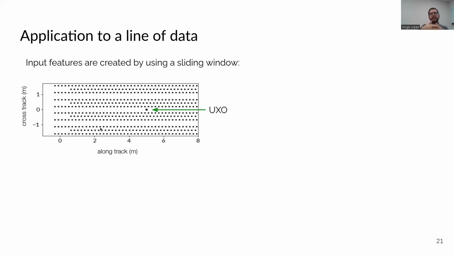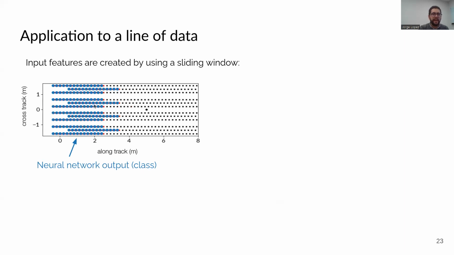And the way we apply our neural network is using a sliding window. So just basically taking pieces of the acquired data, and we apply the neural network to each of these windows. So for example, the sliding window will be all the points here in red, and this will be the input of the CNN. And this is the output of the CNN.